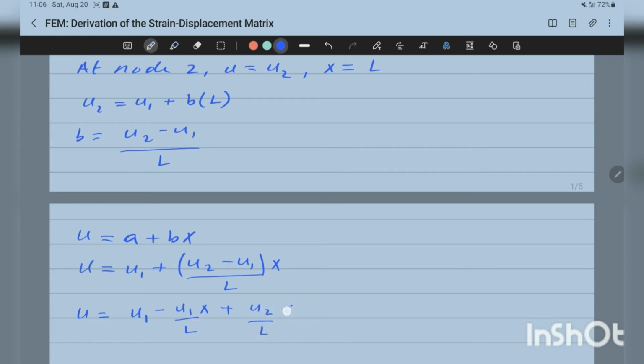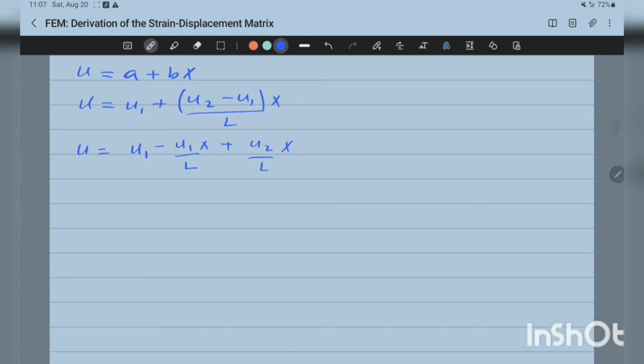plus u2 over L x. This is the same as u equals, let's factor out u, so it's 1 minus x over L u1 plus x over L u2.